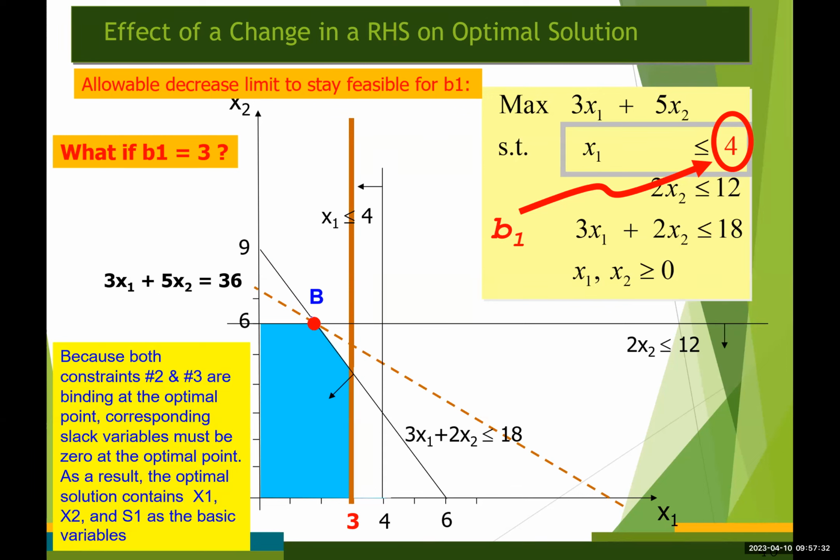So if the value of B1 is decreased to 3 in this case, we still have the same optimal solution at point B, right? And at point B, the plant number 2 and plant number 3 constraints are still binding, right? At the optimal point.